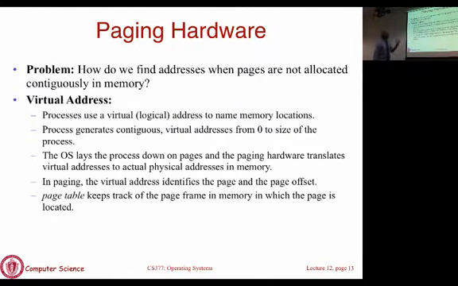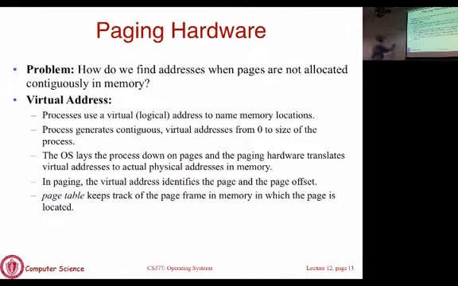So we'll start with the address translation first. The problem is the same that I just mentioned. How do we find addresses when pages are not contiguously allocated? We'll still assume you generate a logical address, where a process is, let's say, n bytes. So the compiler assumes that addresses go from 0 to n minus 1.